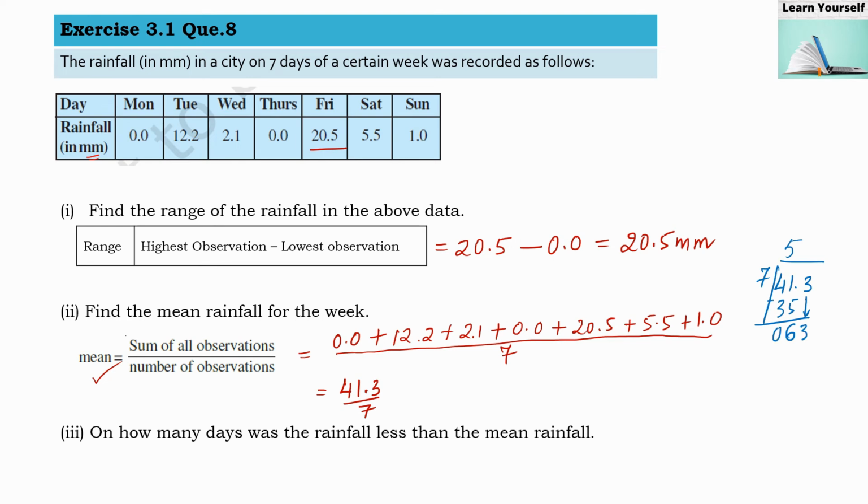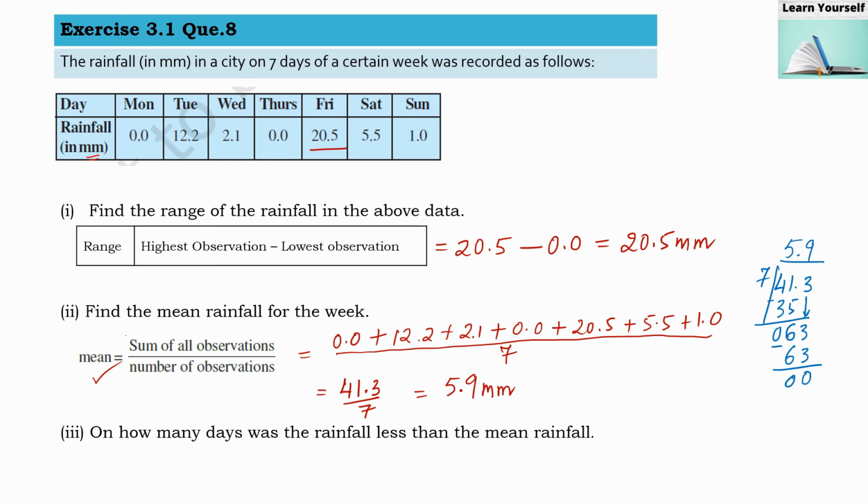And here the decimal point is there, so I maintain the same decimal point here and write 7 9s are 63. 63 minus 63, we get 0. So our answer is 5.9. Our arithmetic mean for 7 days is 5.9 mm.